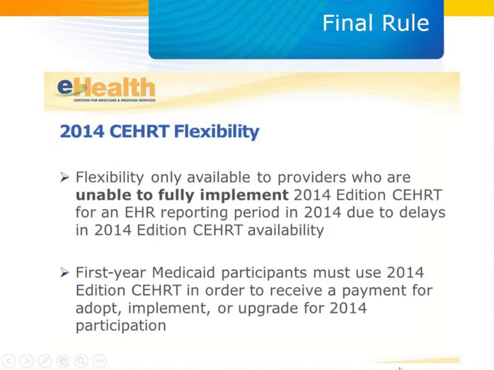The flexibility is only available to providers who are unable to fully implement. I read to you some of the definitions of what fully implement is. We're going to send you the final rule. I'm going to tell you the places where I read what fully implement means, for you to then digest that information and make sure that you're following the intent of the law.